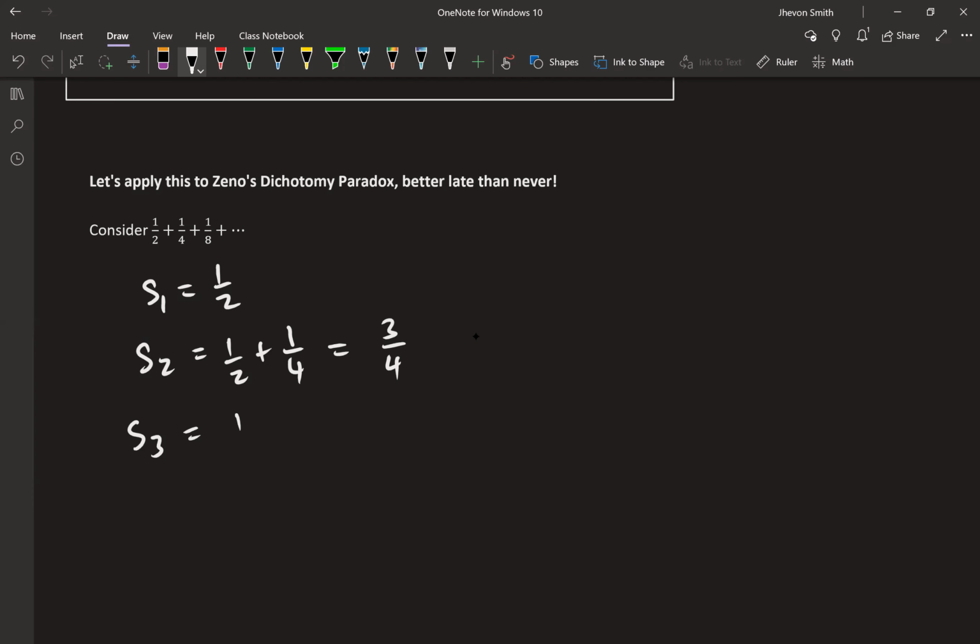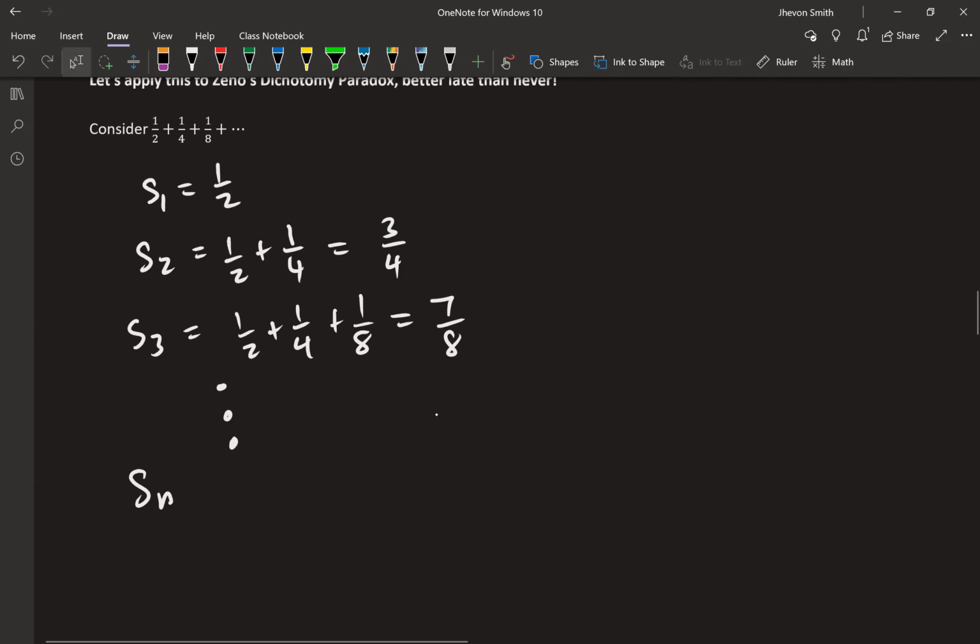S3 is a half plus a quarter plus an eighth. That would actually end up being 7/8. And you can continue with this list. Now, what would the nth term look like, S_n? You might want to come up with some sort of general formula for this sequence.